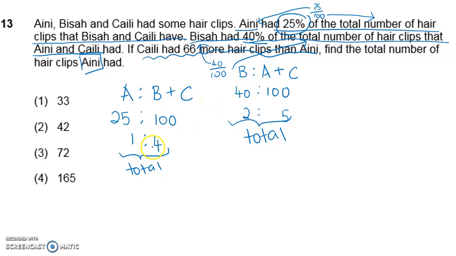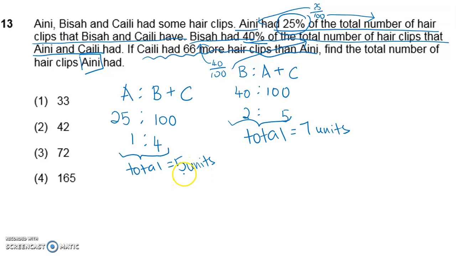Okay, so the total here will be actually 1 plus 4 equals to 5 units. Okay, and the total here is 2 plus 5 is 7 units. And we know that the total is actually the same. Now I'm going to put this to be the same.